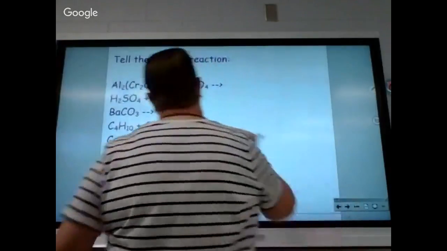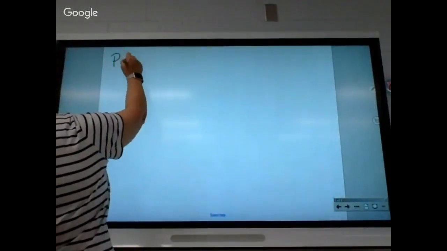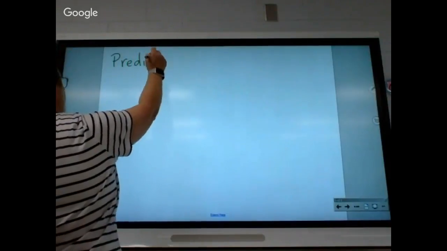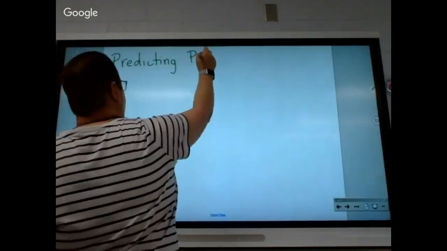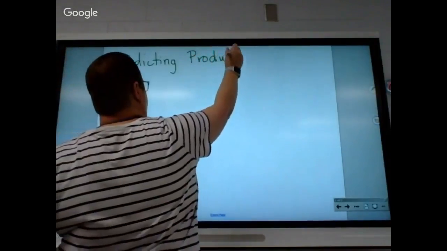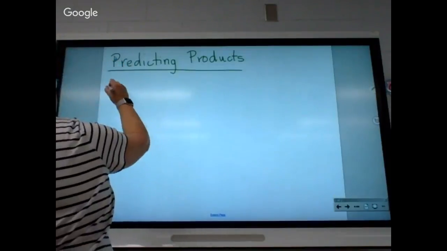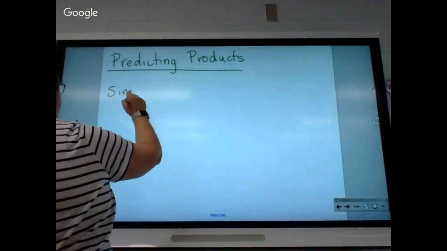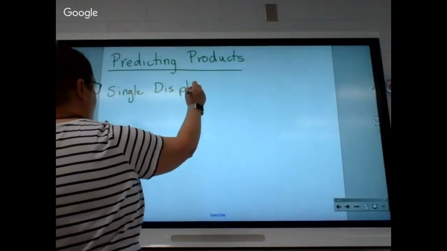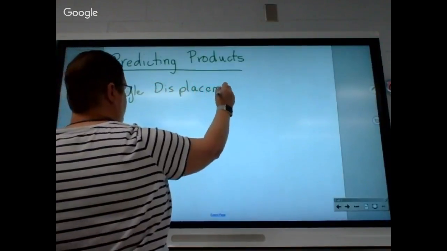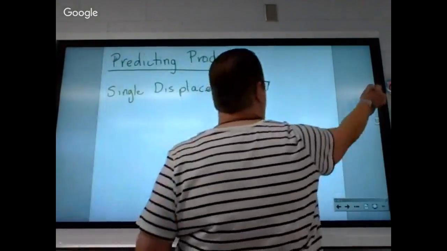So, we're going to start with predicting products today. And we're going to begin with single displacement. Okay, we'll start with single displacement.